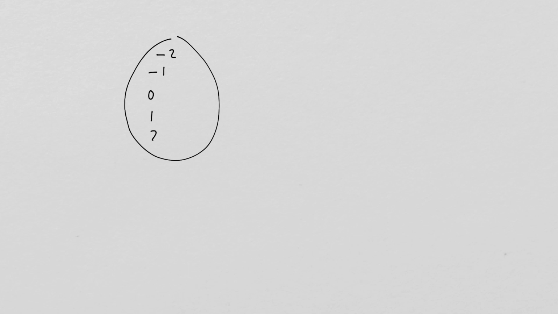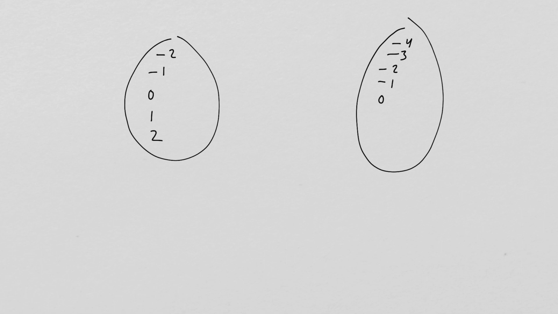We can also represent functions in other kinds of diagrams. For example, we can have here numbers -2, -1, 0, 1 and 2, and here are some other numbers.